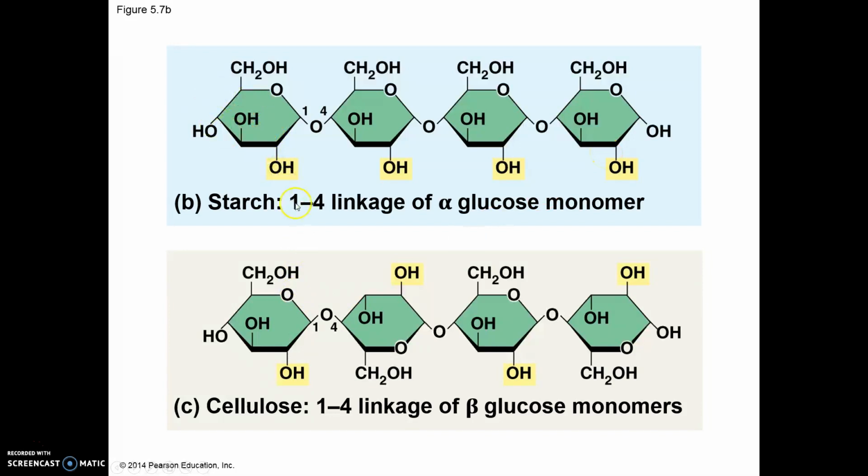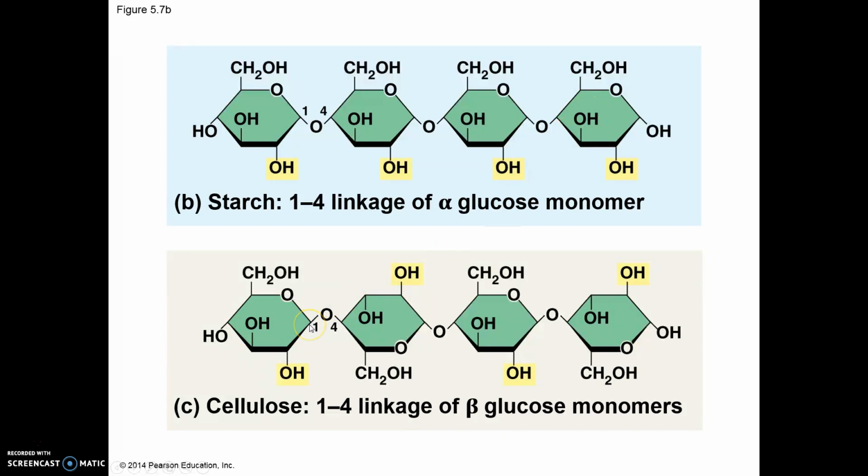Here we have starch, so it's a 1-to-4 linkage, or we could call this an alpha 1-to-4 linkage. This leads to this configuration where we have these hydroxyls, or these sugar rings, essentially all facing the same direction.